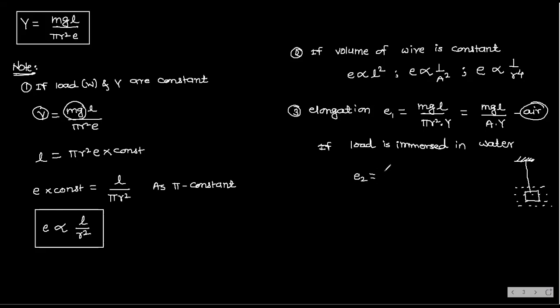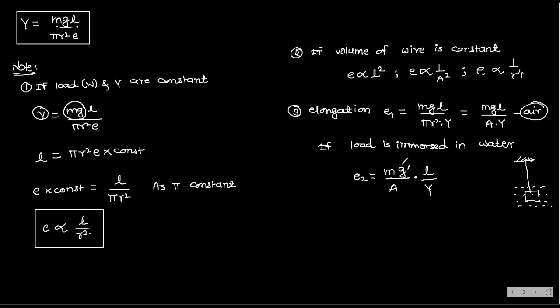Then here m g dash by A into L by Y. What will change is this g dash, or we can say weight will change. Why will weight change? Because when we are immersing anything into the liquid, some buoyant force will act, and that's why there is some upward force.